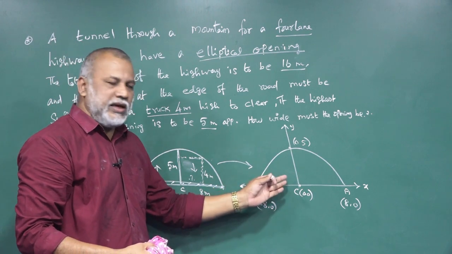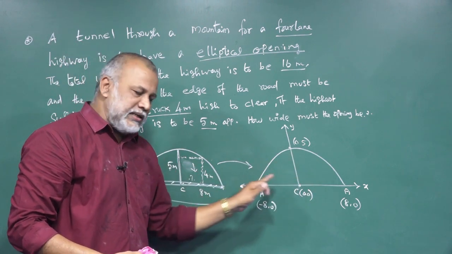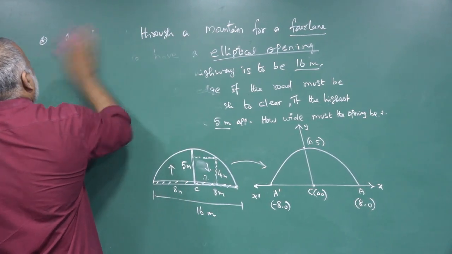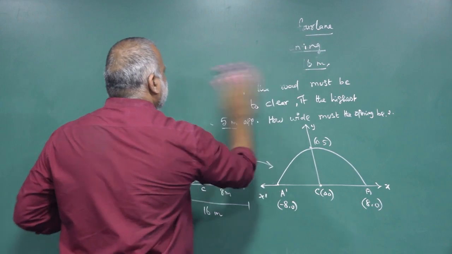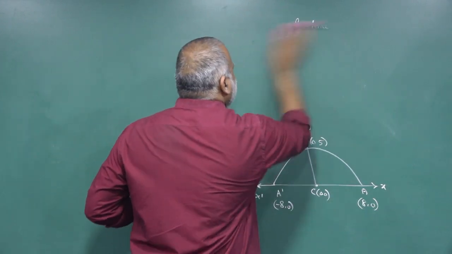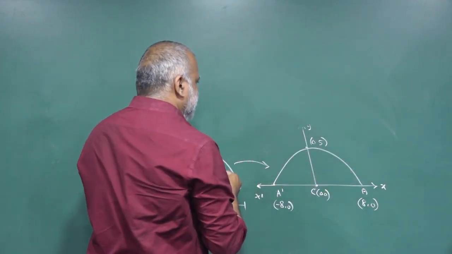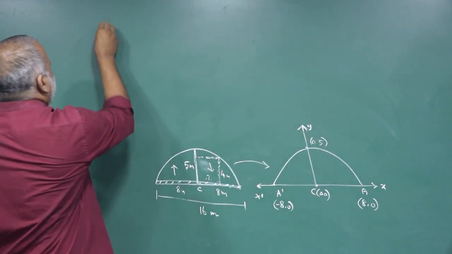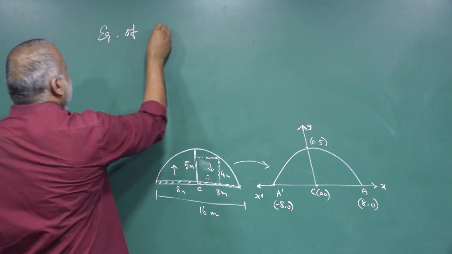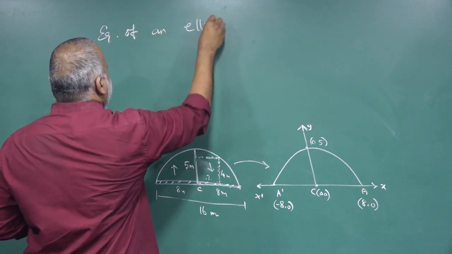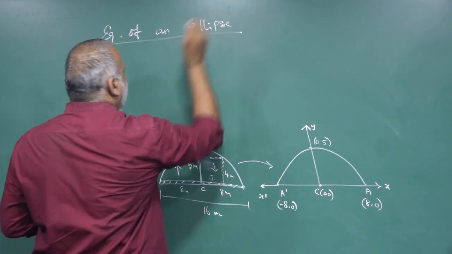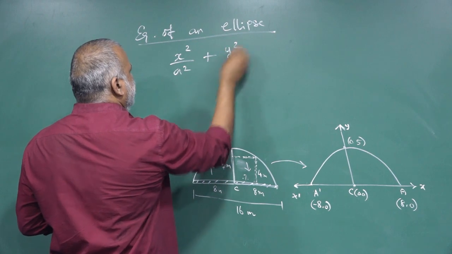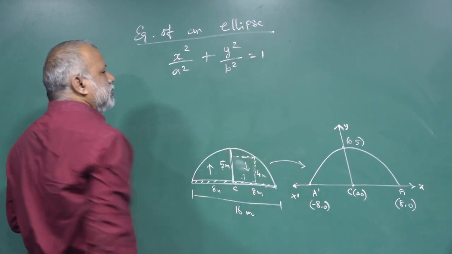What is the equation? See here. It is an elliptical diagram. Major axis along x-axis. Therefore, now the equation of the ellipse. Equation of an ellipse, type number 1: x squared by a squared plus y squared by b squared equal to 1.